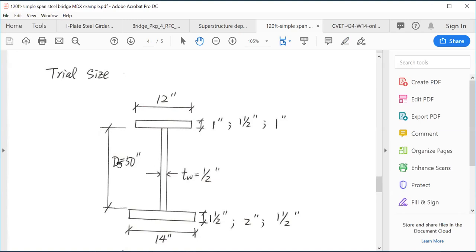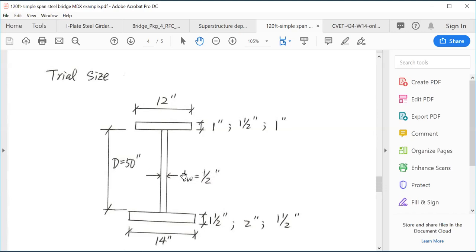Usually the depth of the web is determined by the deflection, which contributes to the moment of inertia. If shear doesn't work, we do not change the depth first. Instead, we increase the thickness first. And if the thickness already reached the 1 inch limit, then we can increase the depth of the web in order to increase the shear strength.